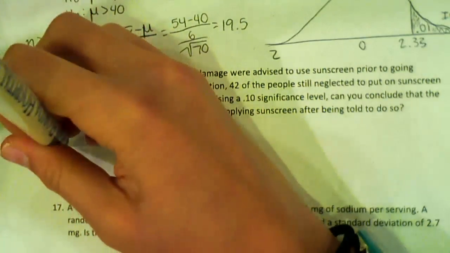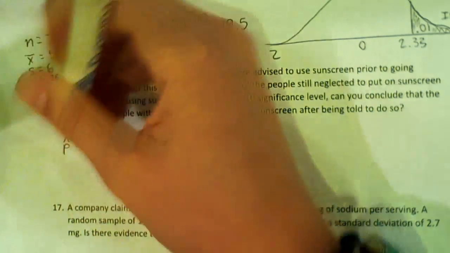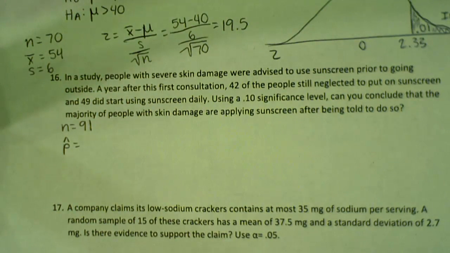And then let's see what our p hat is. p hat is the success rate of the sample.